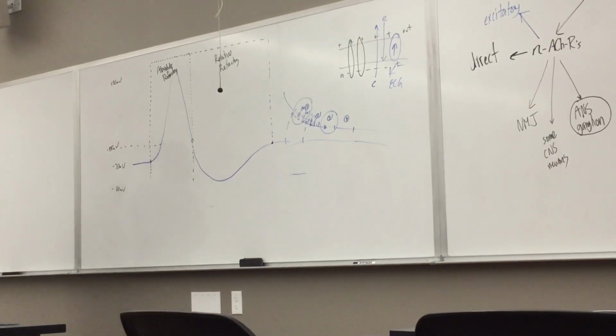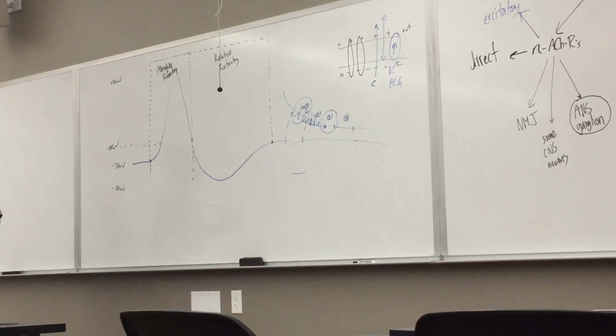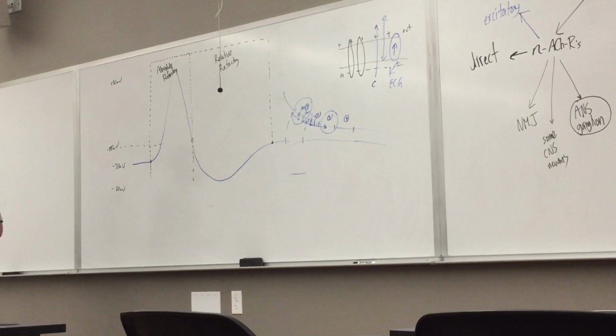So the thing about the two gates on the sodium channel, it leads to two closed states. There's closed and capable of being opened. There's closed and incapable of being opened. You could say closed and active, meaning it can be opened, and then there's closed and inactive, can't be opened. So resetting is going from one closed state to the other.